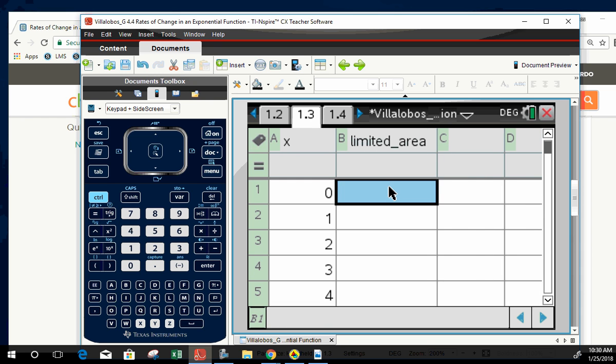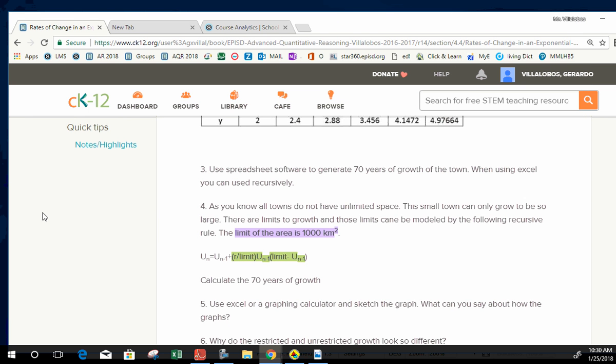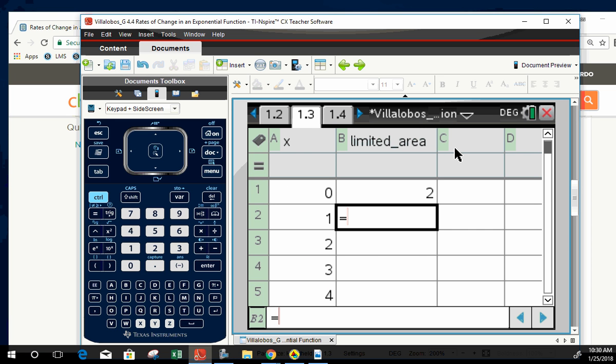Why is it limited? Because it's going to start at, again, 2, but this time we're going to use this formula that they suggest and introduce a limit. So what was the limit? I'm going to put the limit over here. Escape, put limit. Didn't like it. Why not? It's a keyword.